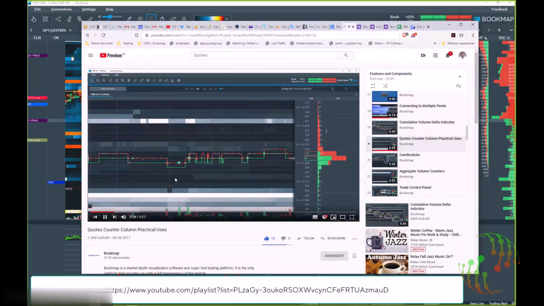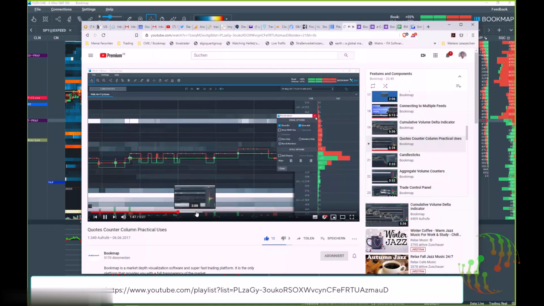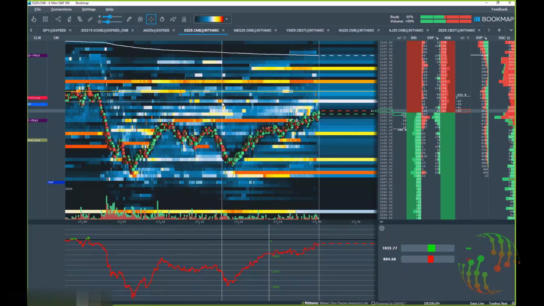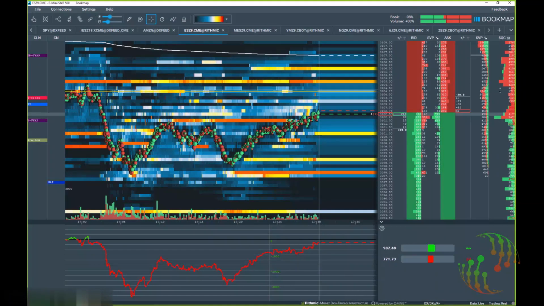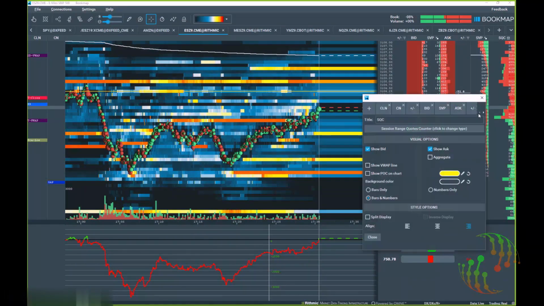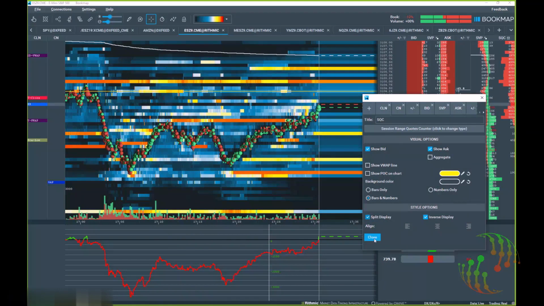Session accumulated or exit. Click chart range accumulated. This is mainly about how to set up, but go through it. But I don't see any useful practical application for my trading in watching the quote center. So maybe you can correct me, and I would be happy to learn about that.